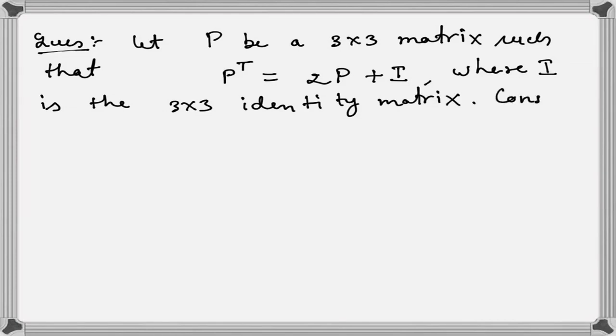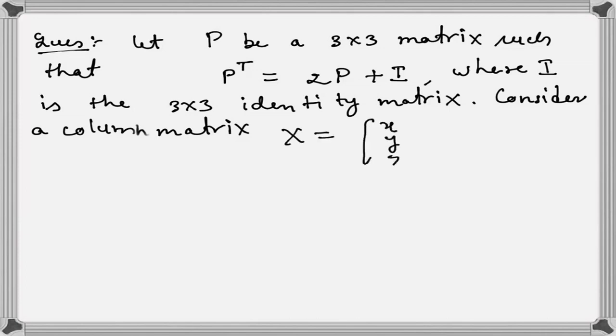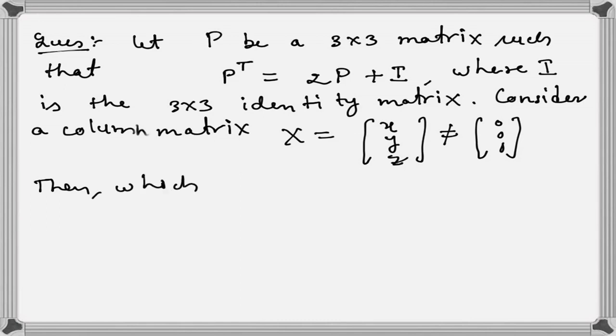Consider a column matrix, which is also called a column vector, X as (x, y, z), which is not equal to 0. That is, we are considering a non-zero vector X. Then which of the following is true?